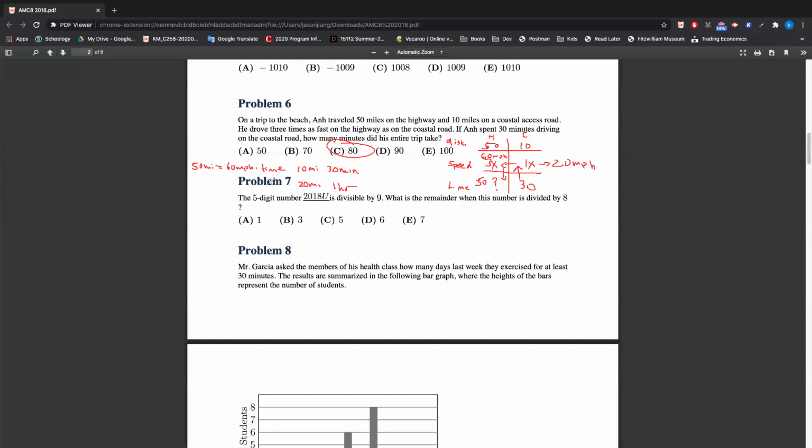Problem 7, the 5-digit number 2018U is divisible by 9. We want to know the remainder when this number is divided by 8. So one trick that we know is that any number that's divisible by 9, if we add up all the digits, it must also be divisible by 9. So if we add up the digits that we already know, that's 11.